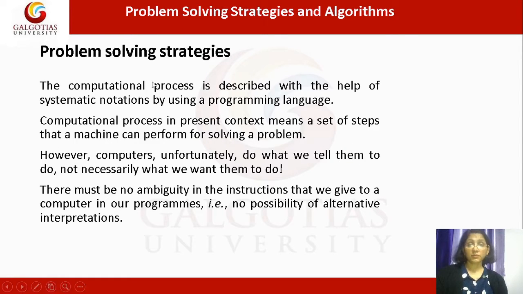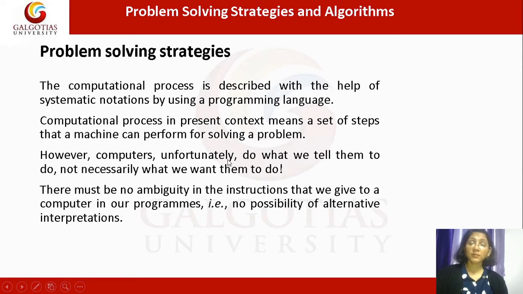The computational process is described with the help of a systematic notation by using a programming language. Here in this particular course, the programming language that we are going to use is C programming language. Computational process in the present context means a set of steps that a machine can perform for solving problems.